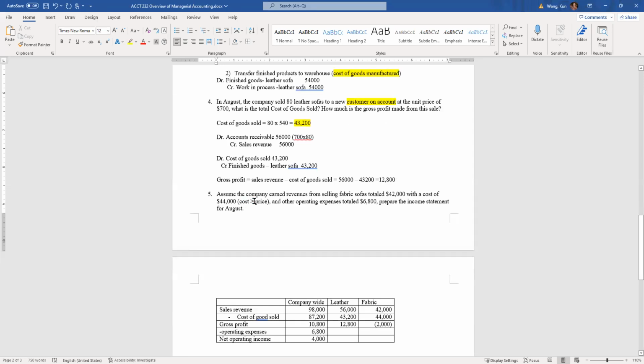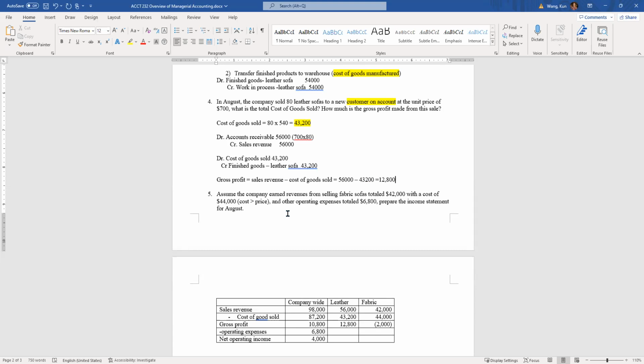So what's happening here? The fabric sofa is not doing well. So we have to lower the price like below the cost, right? So you have to give a deep sale so we can market the fabric sofas. So you are losing money basically on the fabric line of the sofas.